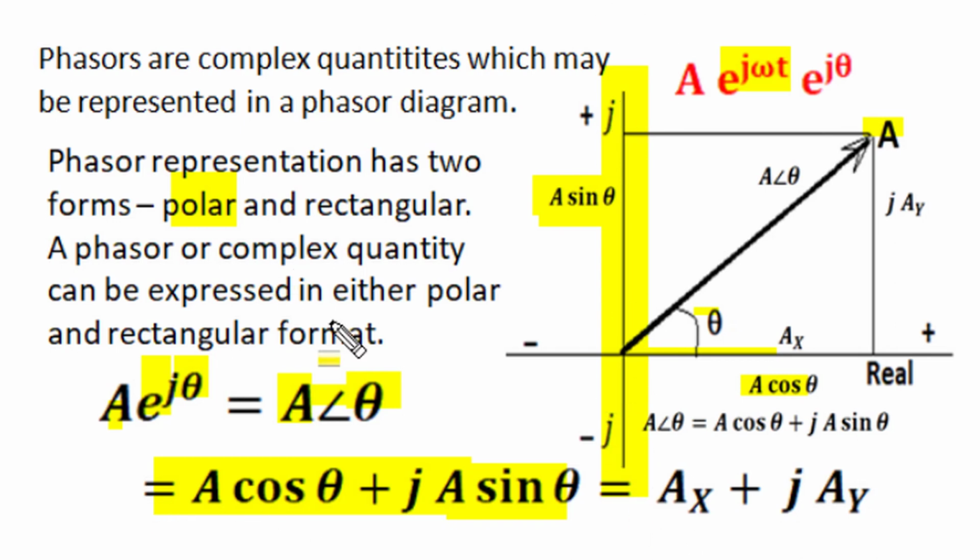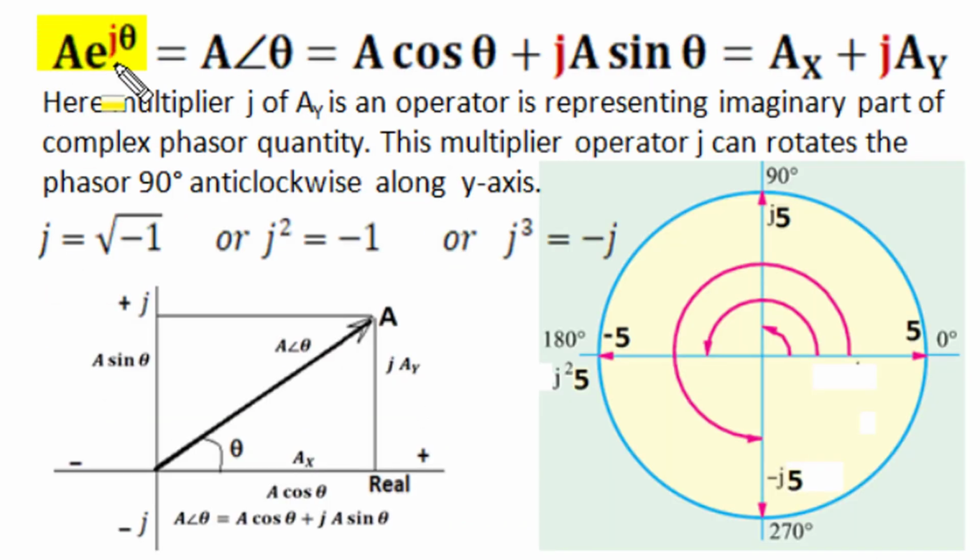So we can say in rectangular format the phasor has two components, one is the real component along the horizontal line and the second is the imaginary component along the vertical line, and this Ax plus jAy representation is known as the rectangular representation, and this A angle theta representation is known as the polar representation. When the polar expression of the phasor is resolved into two rectangular components, A cos theta and A sin theta, then the multiplier j with the vertical resolved component of the phasor, or Ay, represents the imaginary part of the complex phasor quantity.